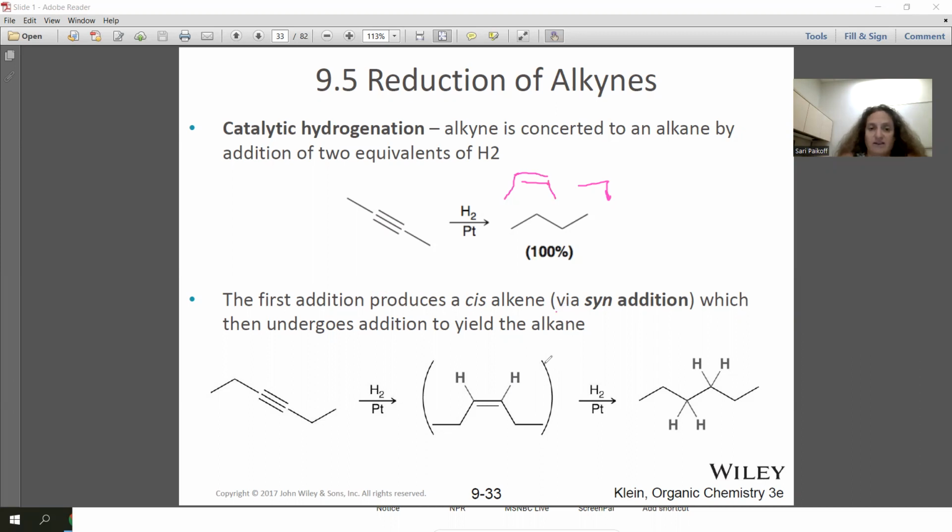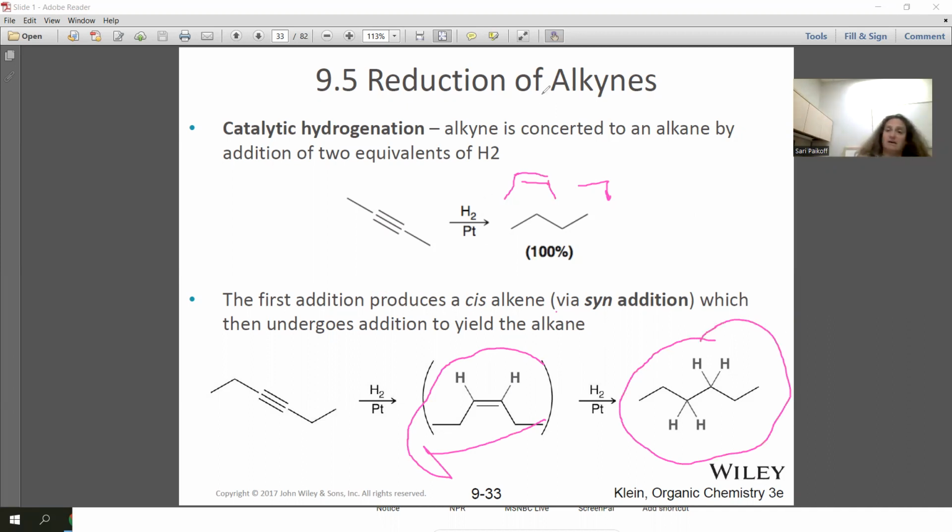So here's my intermediate alkene, but by the time I get it out of the reaction, I have enough hydrogen and palladium that I'm going to wind up with an alkane. So this hydrogen and platinum goes from alkyne to alkane.